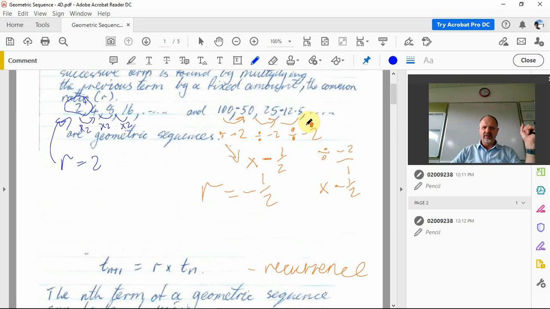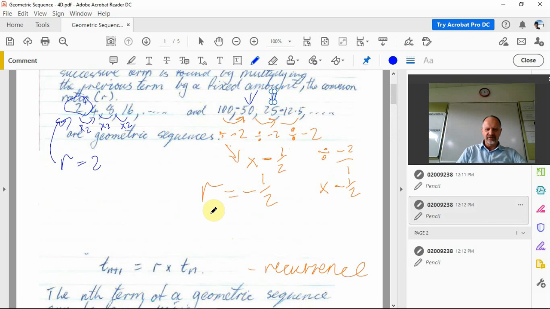So if you're not sure, you can work that out. Like up here, for example, it doesn't matter which pair. Let's go this one here and this one here. The third term was 25, the second term was negative 50. 25 goes into itself once and into 50 twice, so that's negative 1/2 for our ratio.